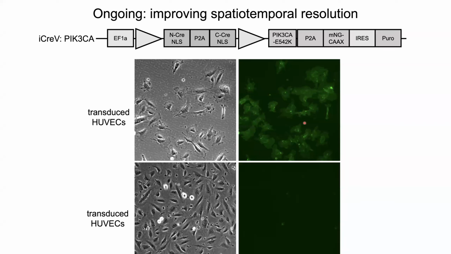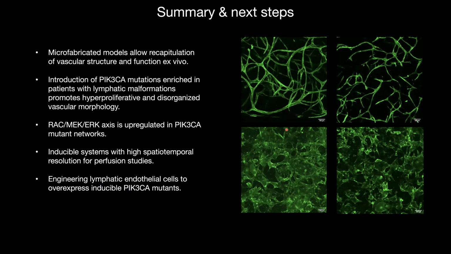These are light-activatable transduced HUVECs up here. And that would allow us to do things like mosaic studies to see how one cell that gets PIK3CA turned on affects topology of the entire network itself, to study how signals are transmitted across the vascular network during development of these networks.